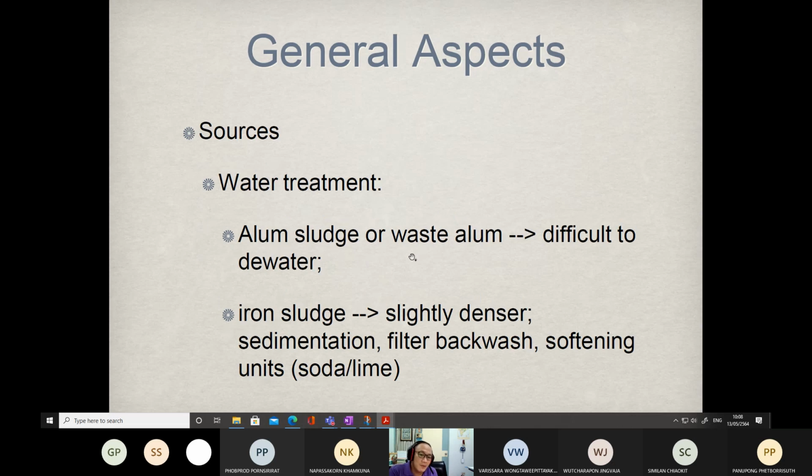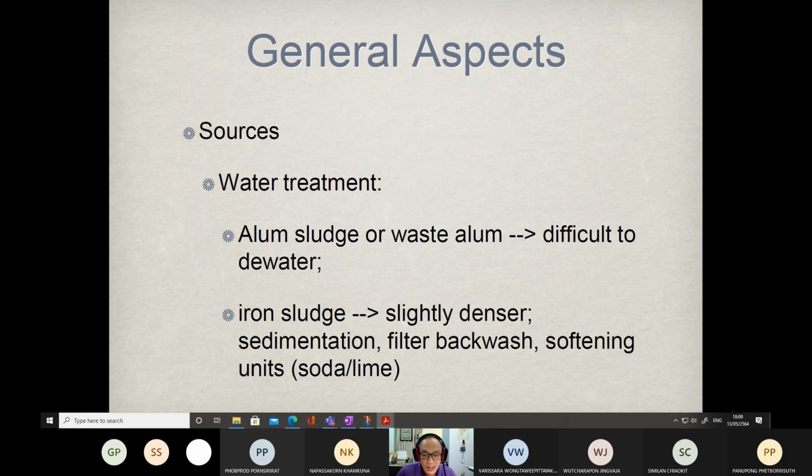As we all know, in water treatment the source of sludge actually comes from coagulation and flocculation. We have to coagulate the colloidal particles, which are really difficult to precipitate by gravity alone, by modifying their chemical surface characteristics. Only with this application can the colloidal particles be removed.